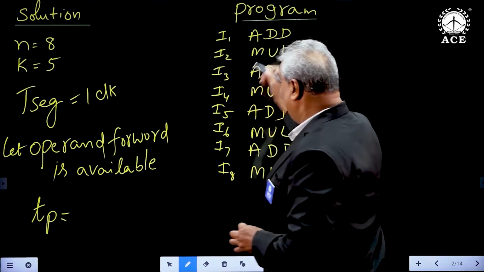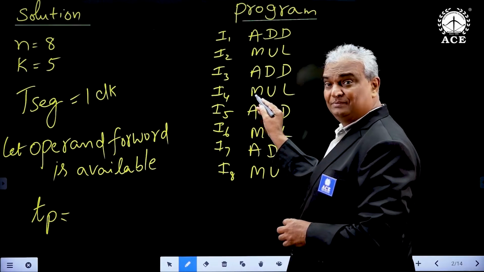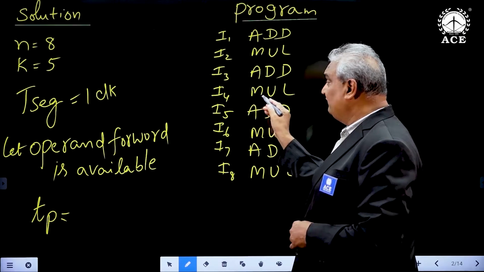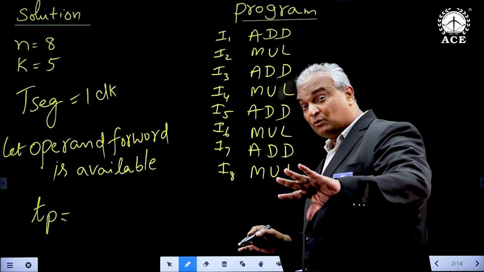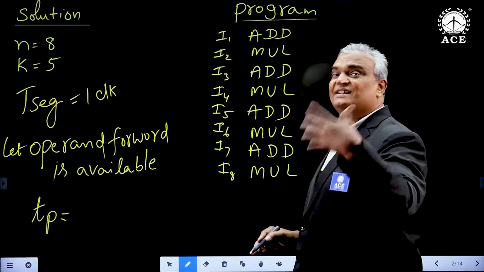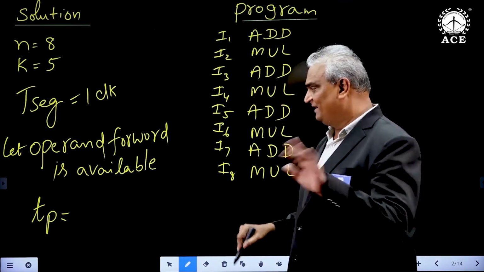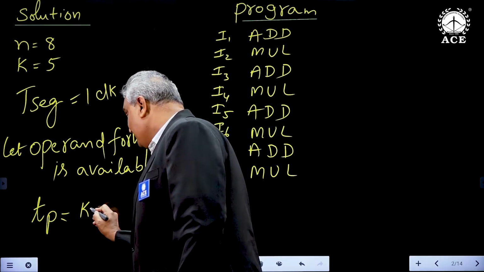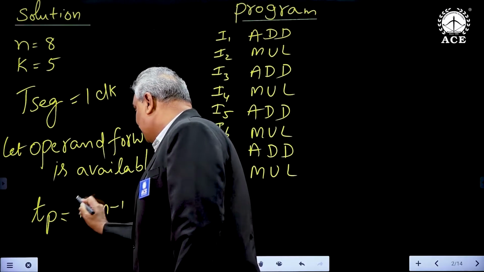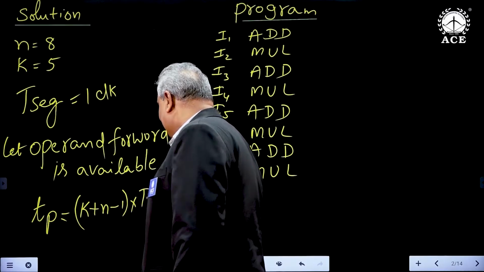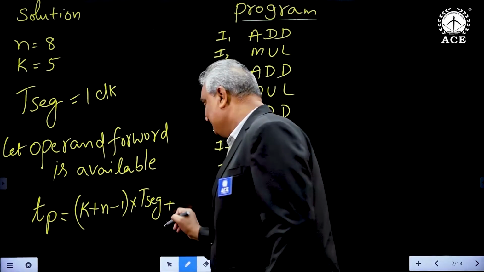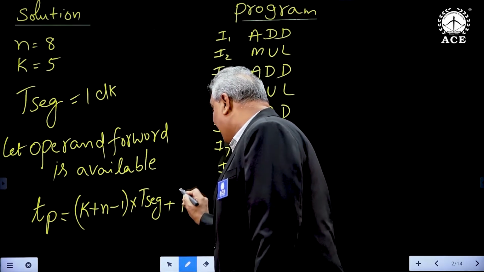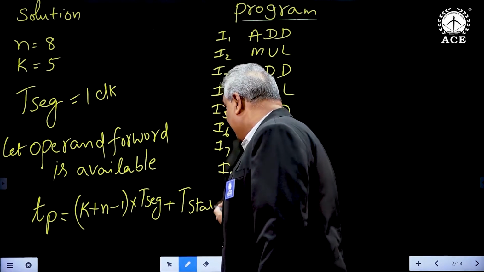Say it requires an operand from this one. I3 supplies the target operand to I4. If the operand forward technique is there, don't consider that additional delay. Next, already we know k plus n minus 1 into t segment plus T stall. What is a T stall?